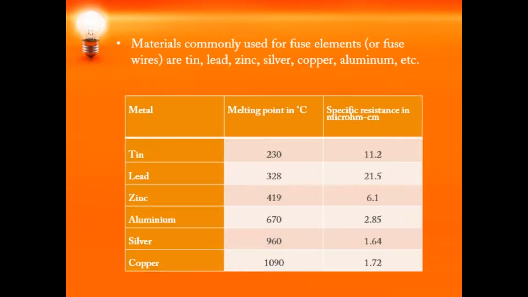The only drawback with silver is that it is a costlier material compared to other materials. So sometimes silver is used as a fuse element, but along with the silver, you will have some other materials used in conjunction with it. So that is related to the fuse element.